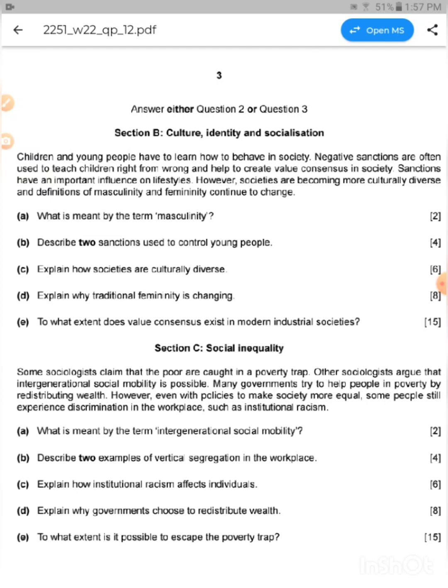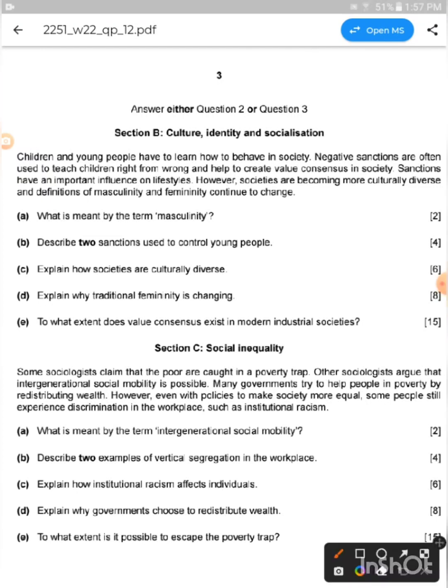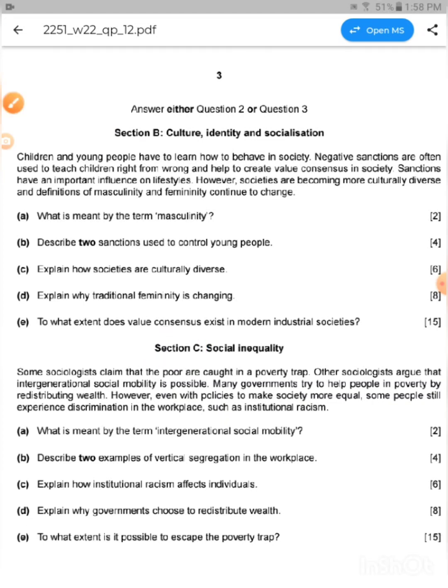When you are preparing, you can go for either section B or section C. It depends on you. But if you are doing self-study, you should first study both sections, and then choose whichever you find easier.